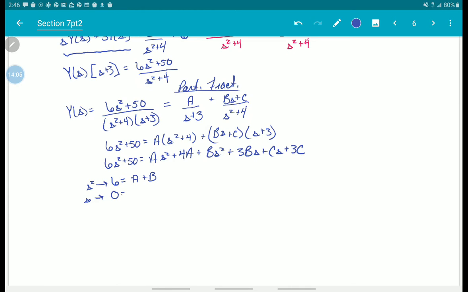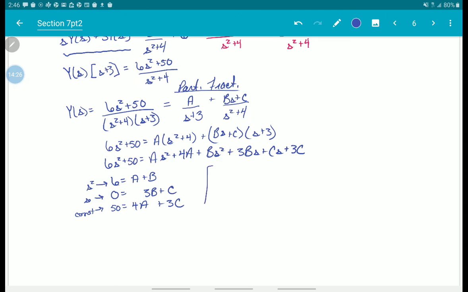For s, I have 0 on the left, and 3B plus C on the right. And then constants, I have a 50 on the left and 4A plus 3C on the right.